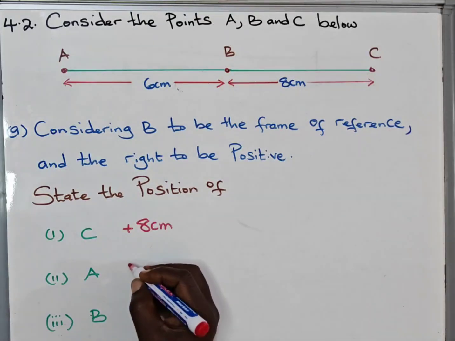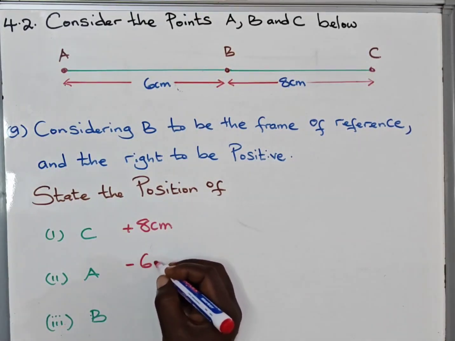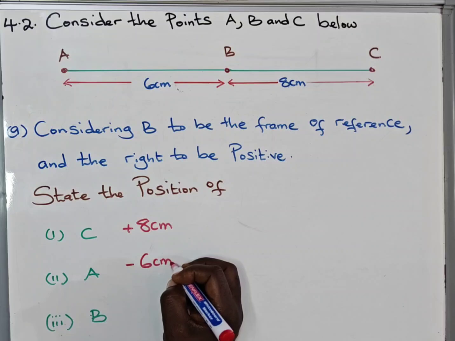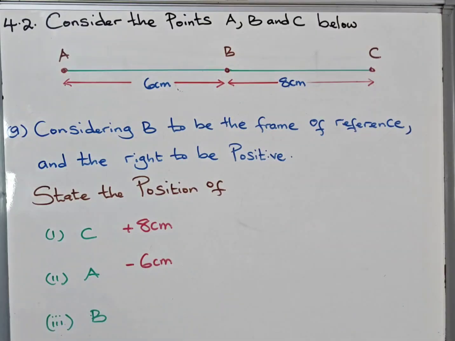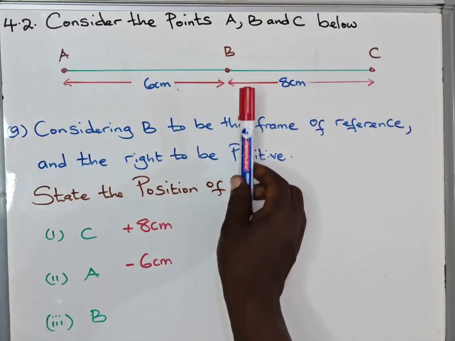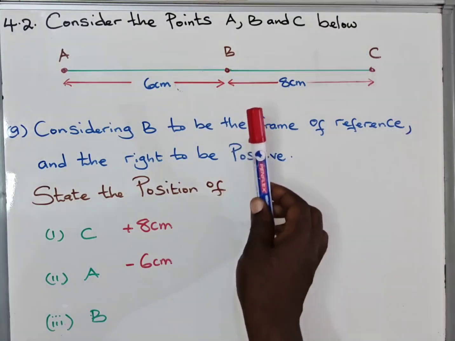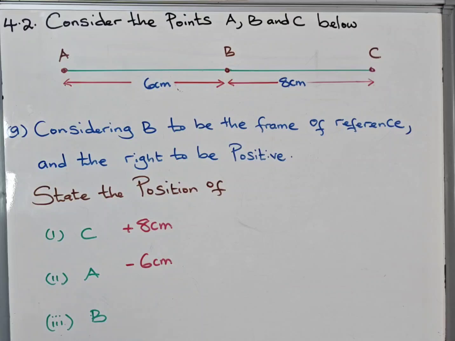So the answer is going to be negative 6 centimeter. Then we come to B. Remember, B is our starting point and is what we are looking for now. What is the answer? 0.